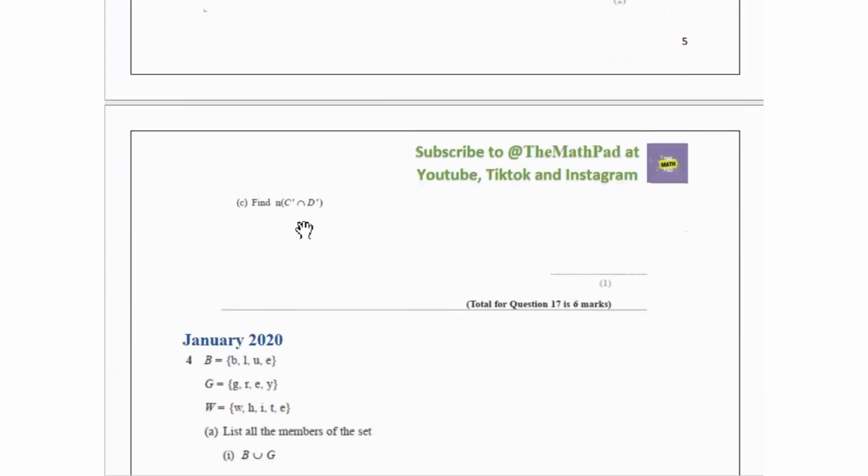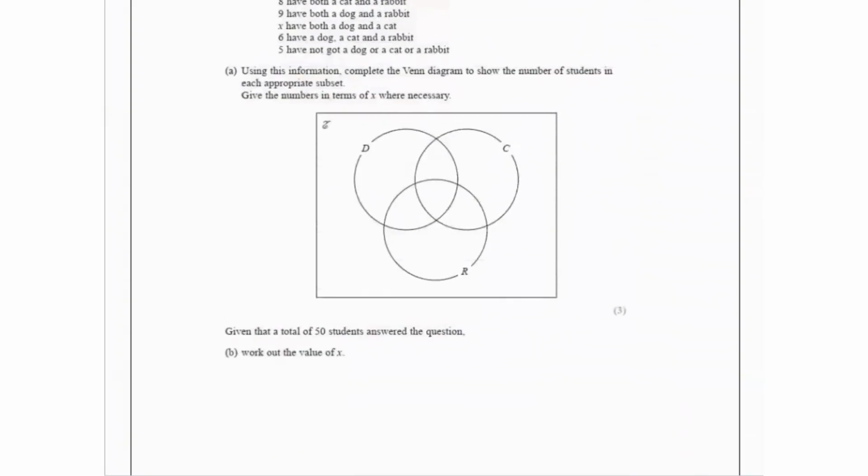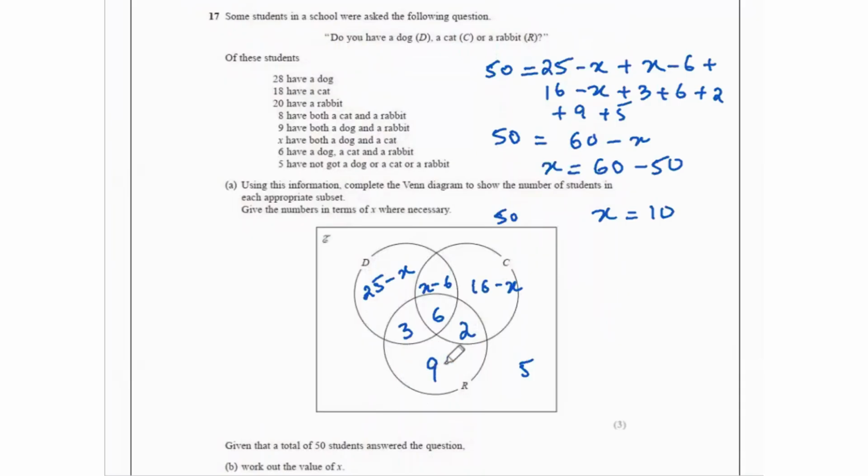Let's find the number of C complement intersection D complement. C complement intersection D complement is basically C union D, complement. This plus this. This is C union D complement. Question said we have to find C complement intersection D complement. C complement intersection D complement is the same as C union D whole complement.